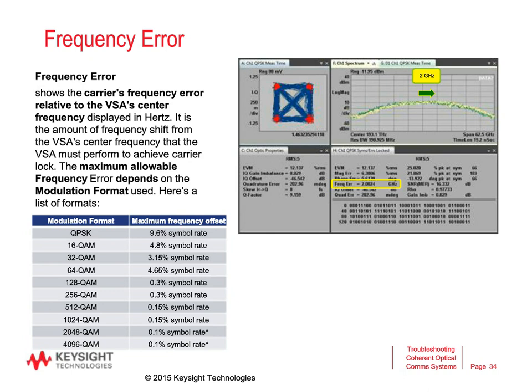This frequency error has a maximum allowable value, and this depends on the modulation scheme. I have pointed out a list here for the different modulation formats and the maximum allowable frequency offset. So it turns out that the simpler modulation schemes are more tolerant.